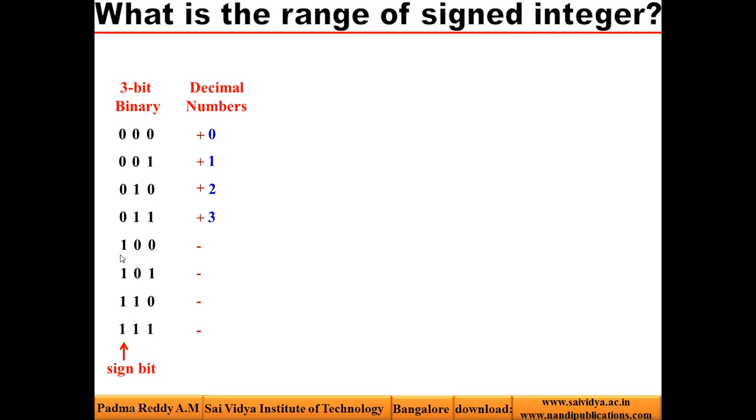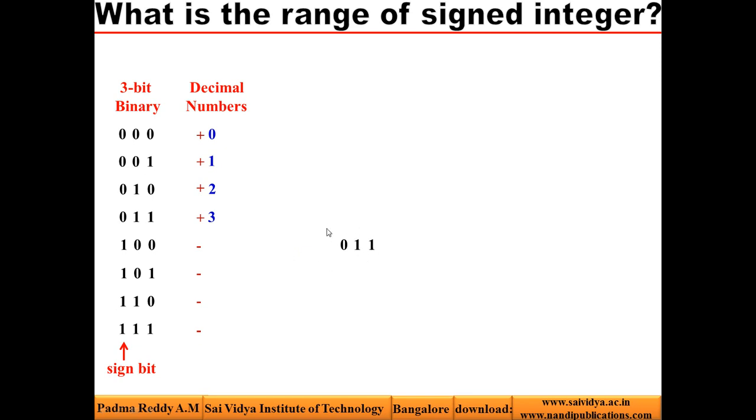Take 1's complement. Now, what is 1's complement of this number? Make 1 as 0 and 0 as 1. So I repeat, first take 1's complement. Wherever 1 is there, you replace with 0. Wherever 0 is there, you replace with 1. So I write 1's complement of 1, 0, 0 as 0, 1, 1.